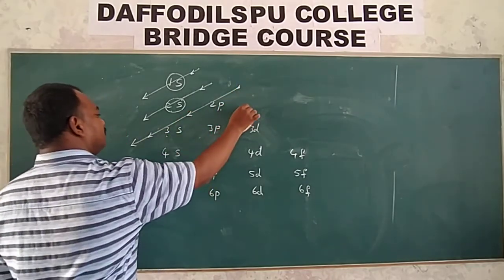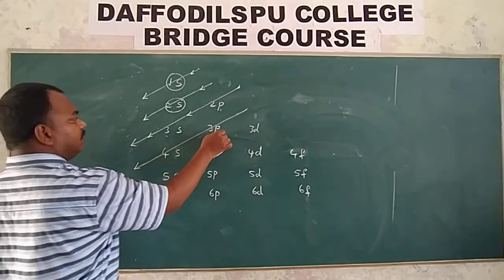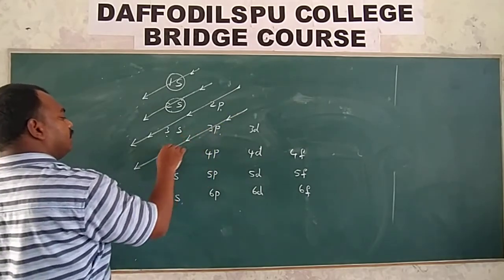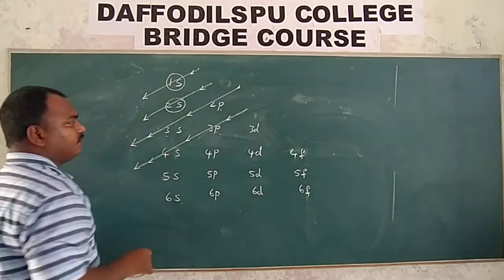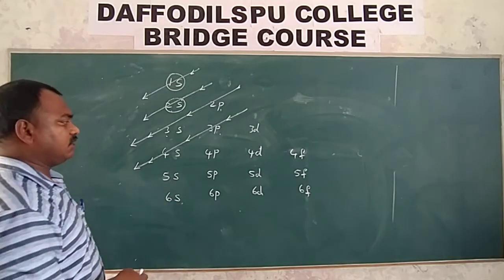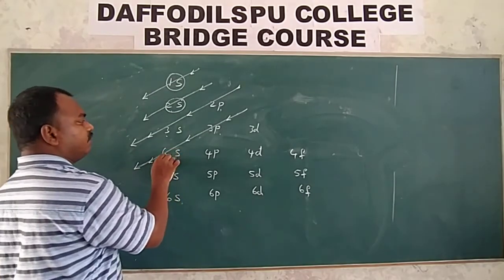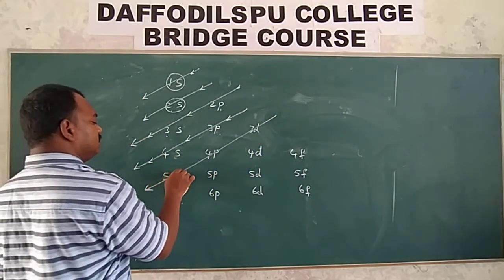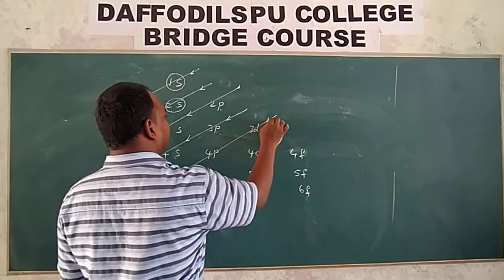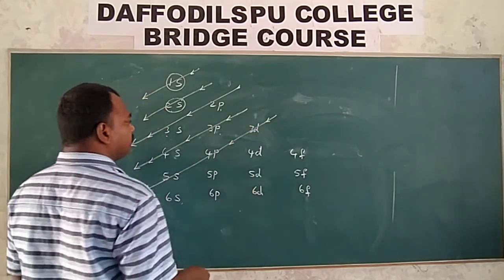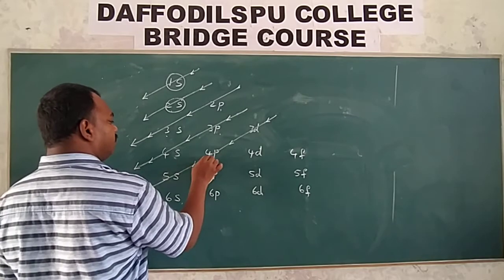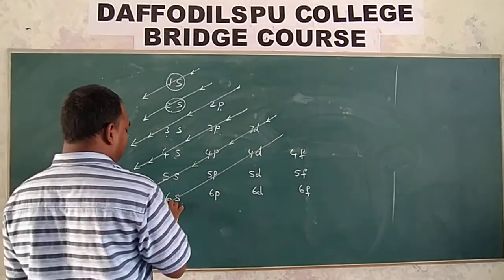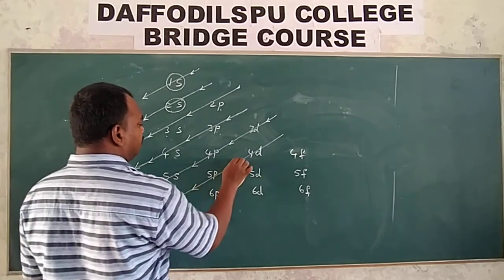After that, the electron is going to enter into the 3p orbital. After that, 4s. Then after completely filling the 4s orbital with electrons, the electron enters into the 3d orbital. After completely filling the 3d orbital, the electron is going to enter into 4p. After that, 5s. Like this, electrons enter into different orbitals.